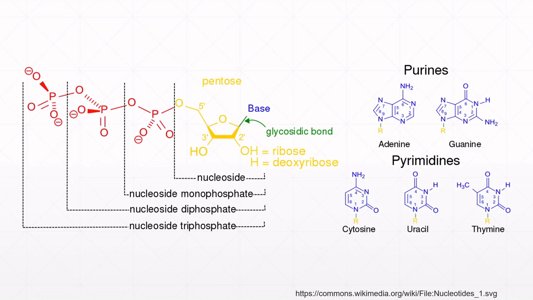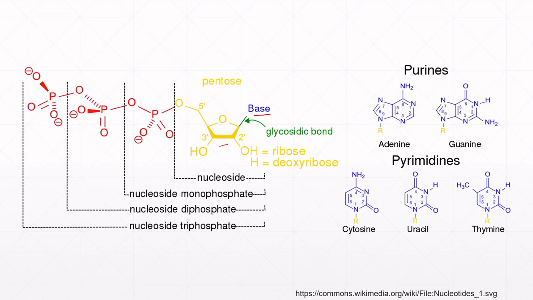If only sugar and base are present, it is called a nucleoside. See, this is a nitrogenous base and this is the sugar. Both of them together are called a nucleoside. And if there is a phosphate, it is called a nucleotide or nucleoside monophosphate. If there are two phosphates, it is called nucleoside diphosphate. If there are three phosphates, it is called nucleoside triphosphate.